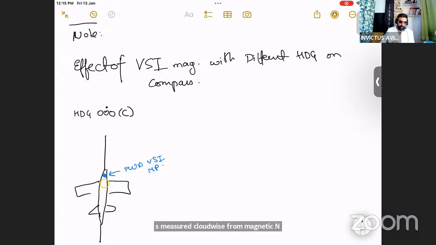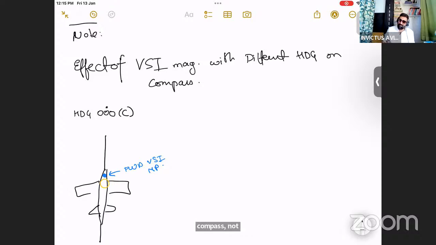And if we are calculating compass heading, then that is measured clockwise with reference magnetic north. Correction, with reference compass north. So if we are measuring compass heading, then it is measured clockwise from reference compass north, not magnetic north, compass north.